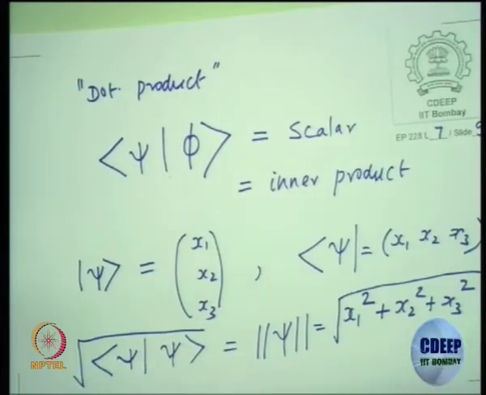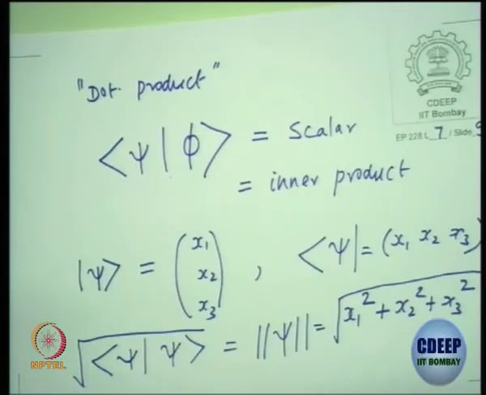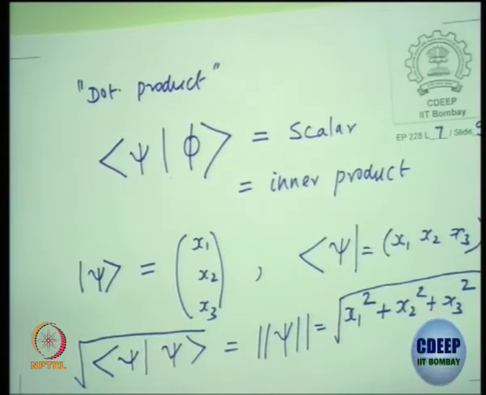It will become complex, right? x1 squared plus x2 squared plus x3 squared, each will be complex. But then calling it the length of a vector loses its meaning. You do not want a complex quantity for the length of a vector.